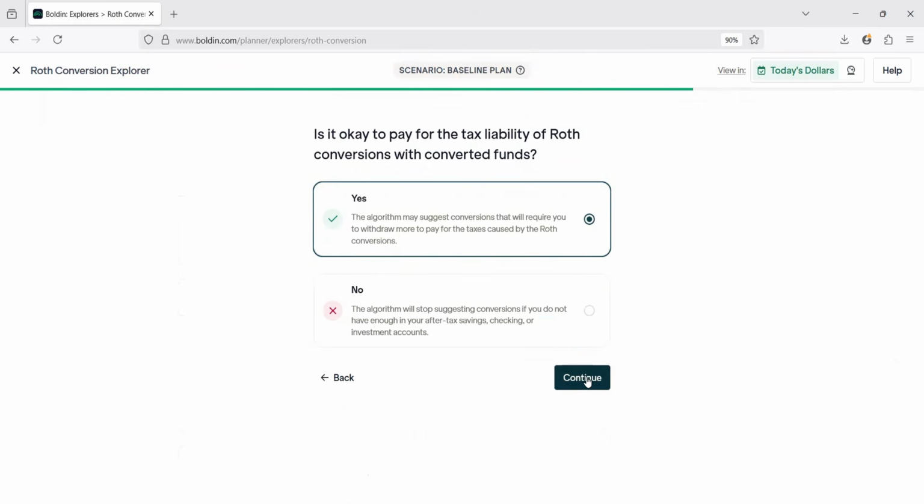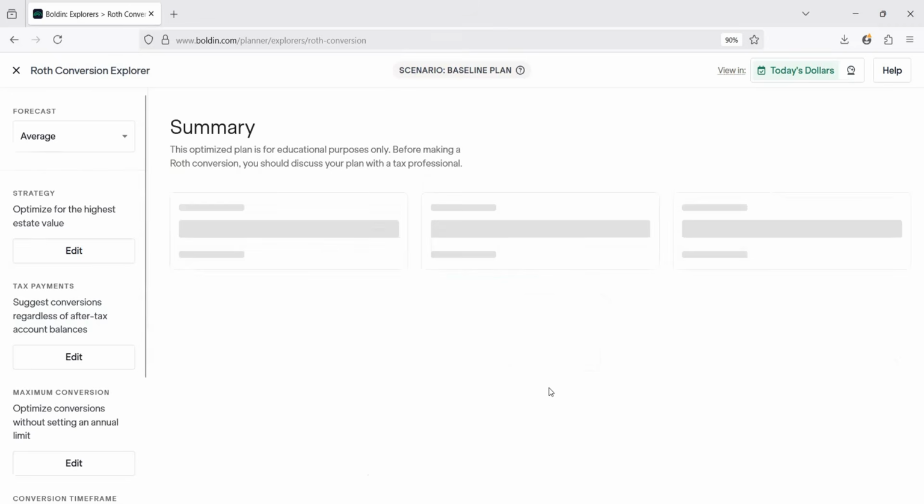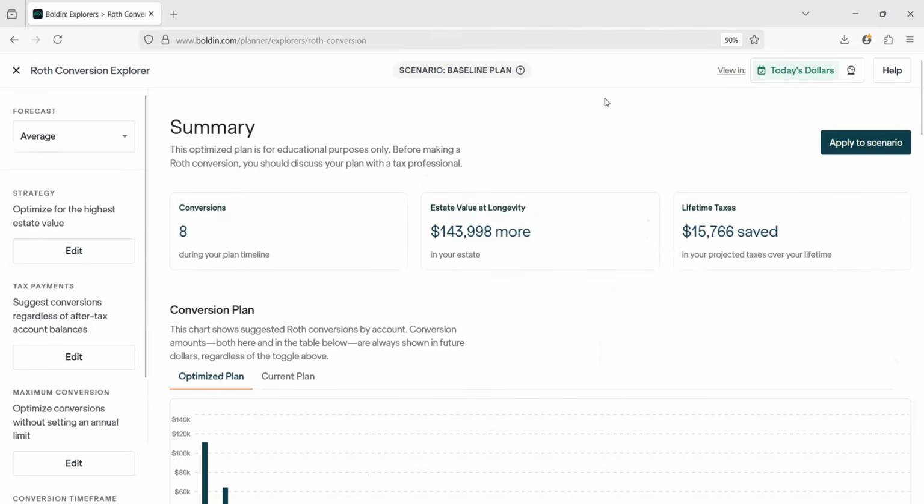Okay. We don't have a brokerage, a post-tax brokerage account here. Let's use the system default, just see what it says. Okay, 8 conversions. You should have 43,000 more. 15,766.